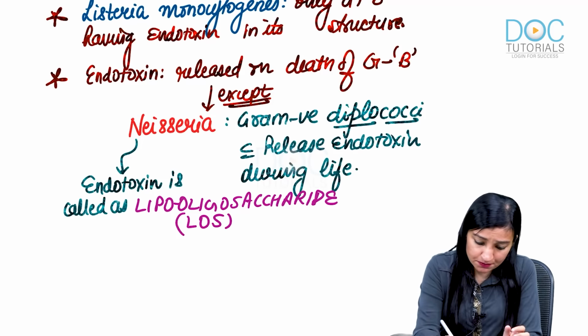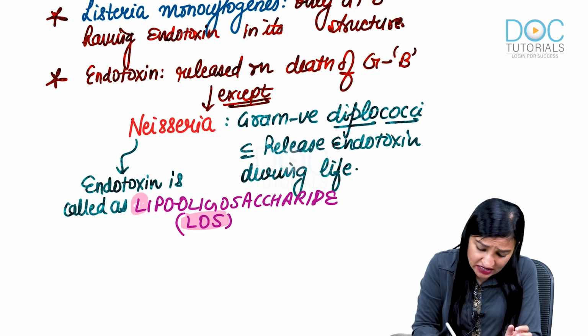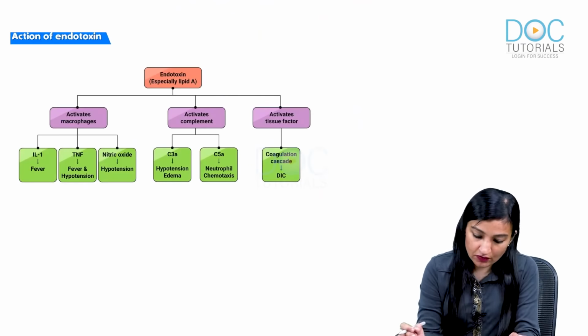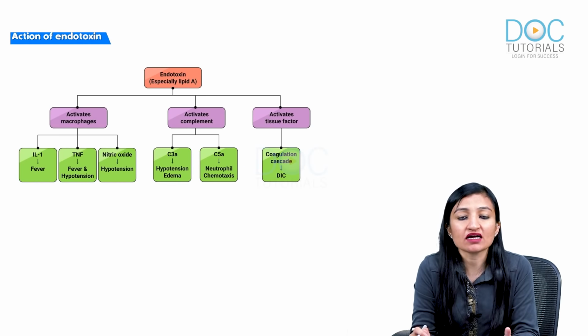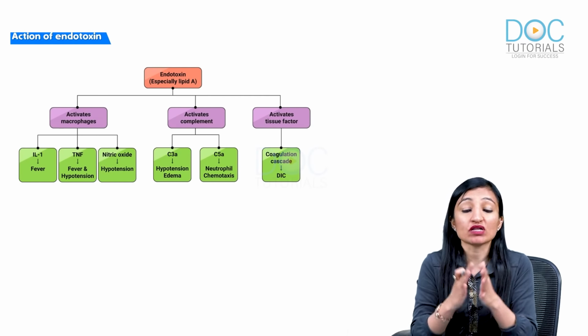So that is why it is referred to as LOS, that is lipo-oligosaccharide. Now let us see how exactly the endotoxin or the lipopolysaccharide causes endotoxic shock and what are the features of this particular disease.